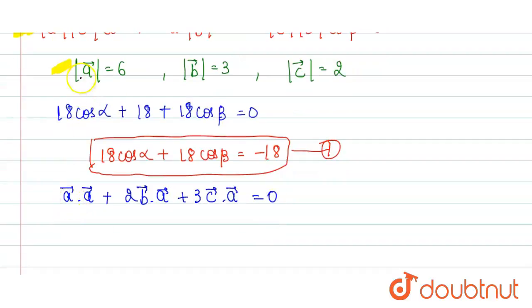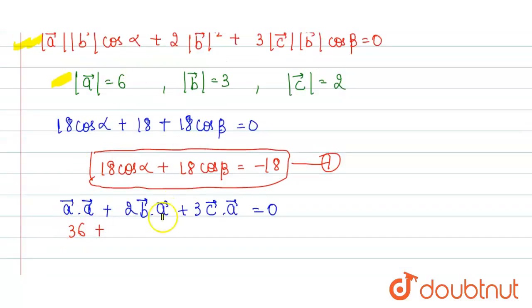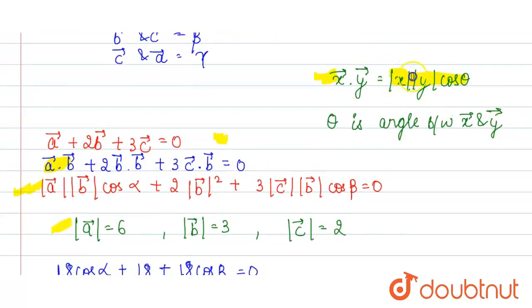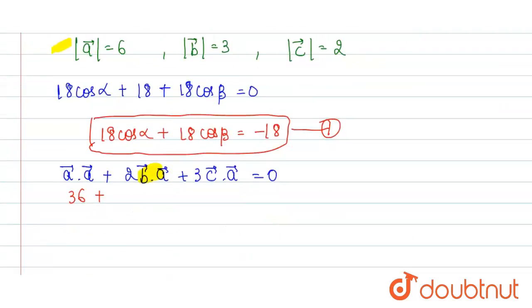So a vector is 6, so a vector dot a vector is the square of mod a. The mod of a is 6, so the square of 6 is 36 plus, now in place of b vector dot a vector we can use this formula, that is mod of b vector into mod of a vector into cos alpha. So mod of a vector is 6, mod of b vector is 3, so 6 into 3 is 18 and 18 into 2 is 36, so here we get 36 cos alpha.